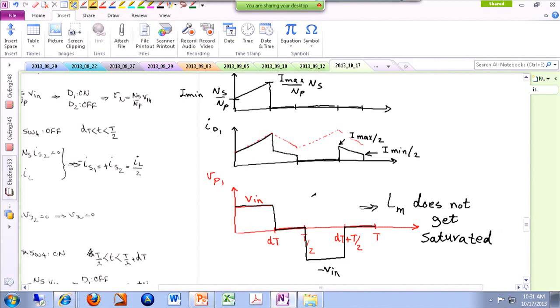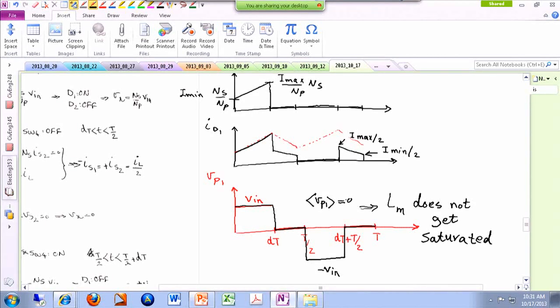The reason is, on average, this voltage is 0. So as long as everything is ideal and we do everything exactly symmetrically, there is no worry about this magnetizing inductance getting saturated.